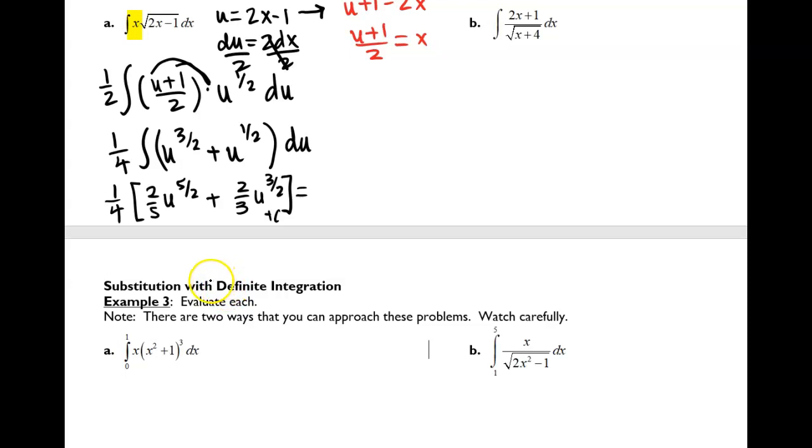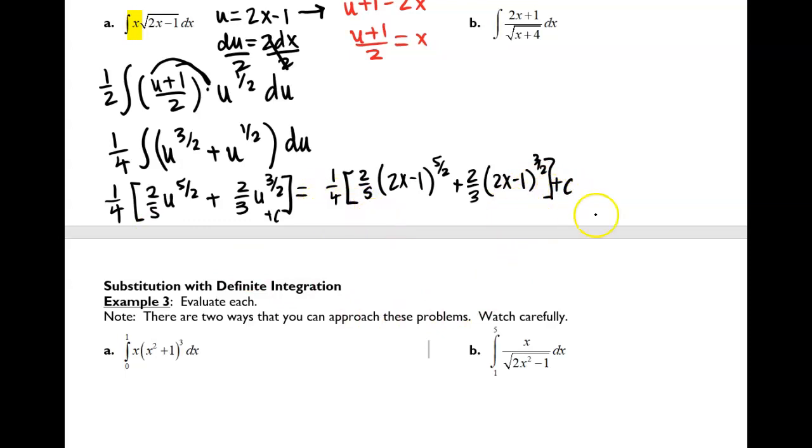I do want to make sure to replace that u. I'm not going to worry about distributing this 1/4 or anything. You absolutely can if you want to. But the last thing is to just replace that u. My u was 2x minus 1. And in this case, it's actually okay if your plus c is either inside the parentheses with the 1/4 or outside. Either one is going to work for you.